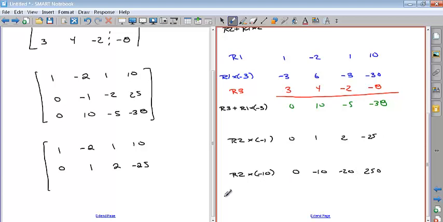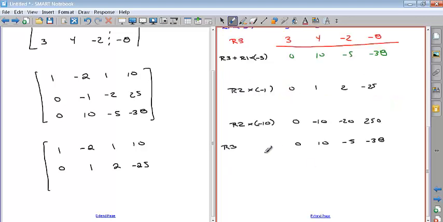Okay, then I take that new row 2 times negative 10, and I add that to my row 3 from the previous step. So let me write row 3 in there. That's 0, 10, negative 5, negative 38. So I add those together. So we get R2 times negative 10 plus R3.